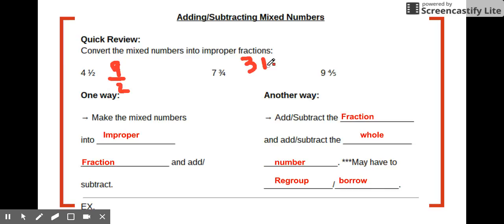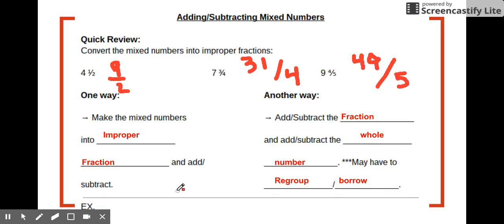The denominator always stays the same, so it'd be 31 fourths. Try the last one. You should have got 45 plus 4 would be 49, and then 49 fifths.